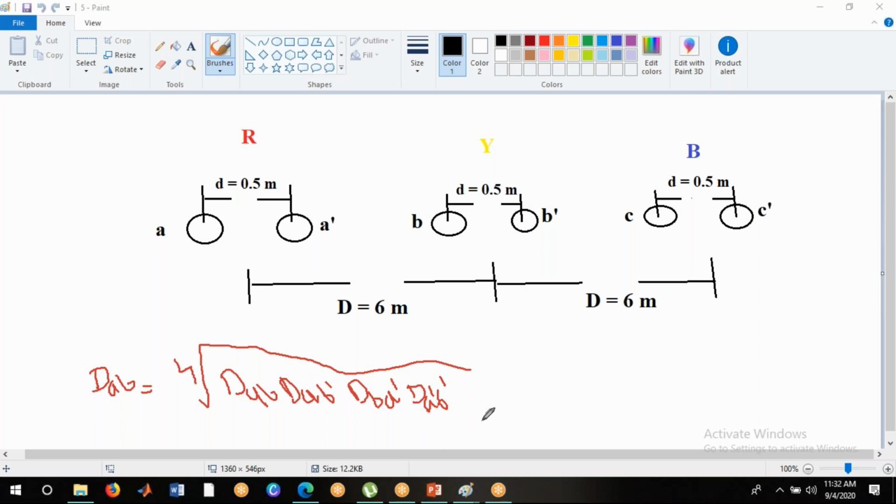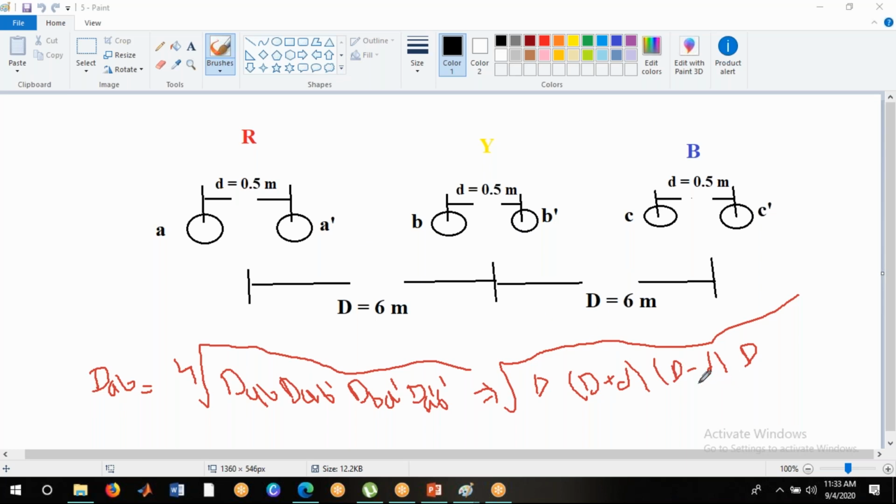These are the four terms we can append here, and this can be simply written as D into D plus d, D minus d, and D. If you see here, the distance between A and B, from midpoint to midpoint, is D. From A to B dash, additionally the diameter is added here, so D plus d.